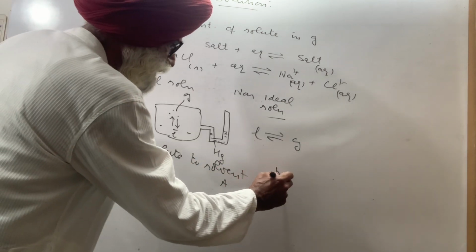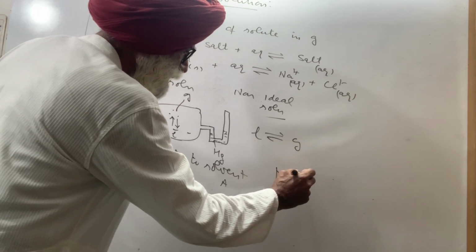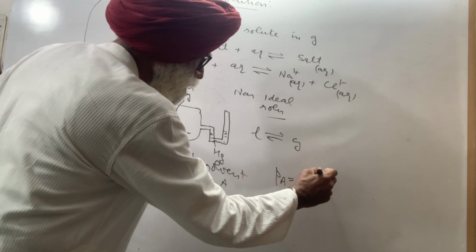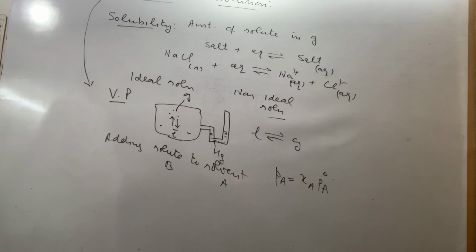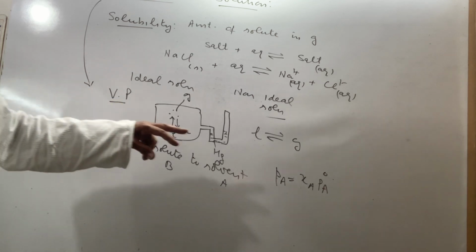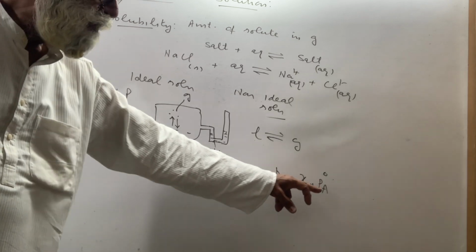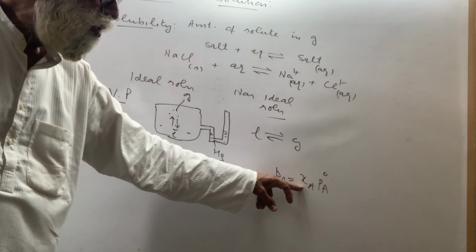The vapor pressure PA of the solvent is given by the mole fraction of solvent multiplied by the vapor pressure of pure A, PA naught. So this is the vapor pressure of solution, here the vapor pressure of pure solvent, and this is the mole fraction of this.